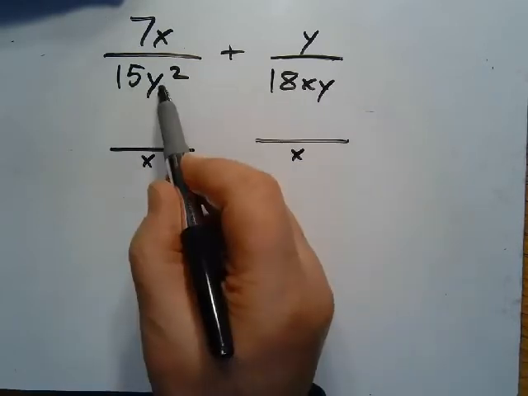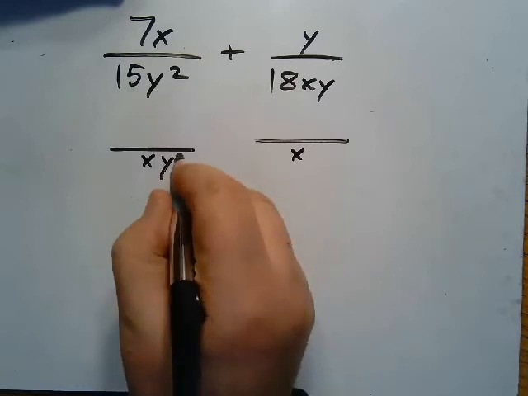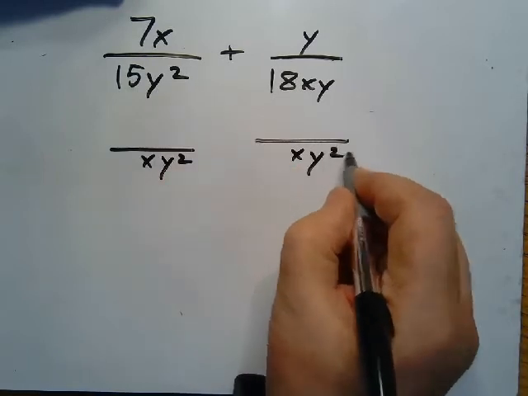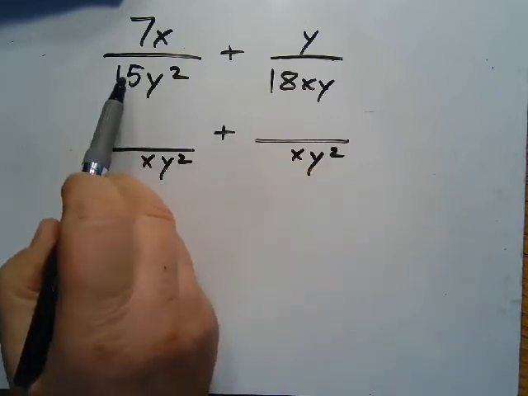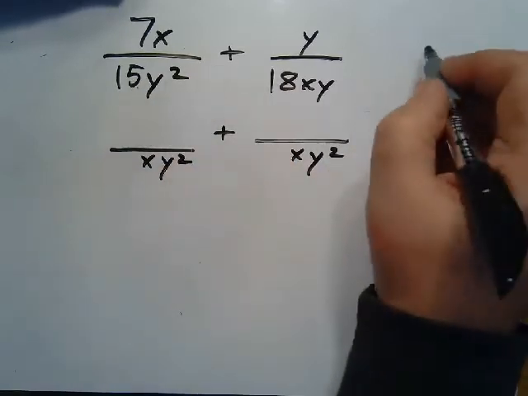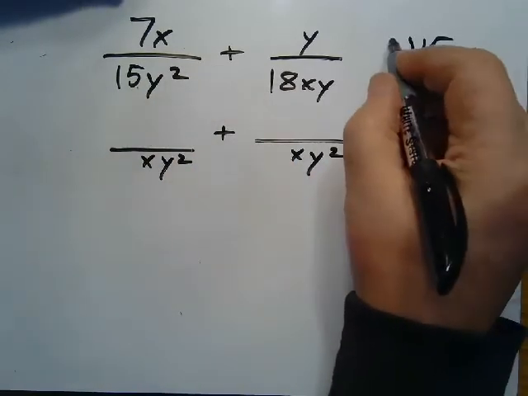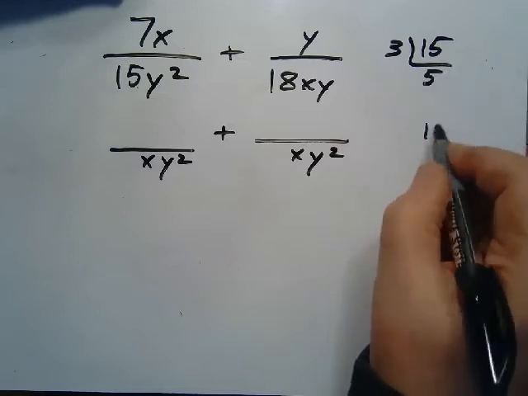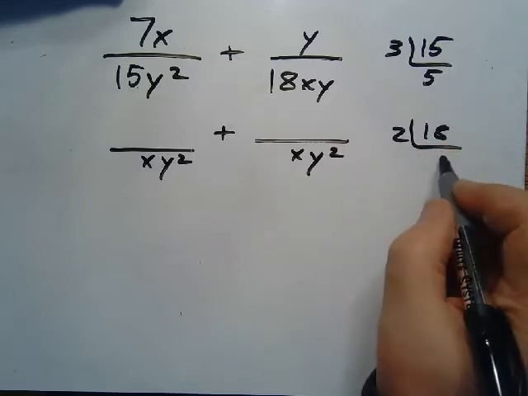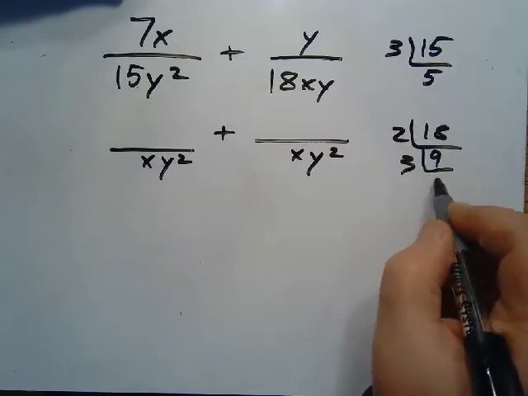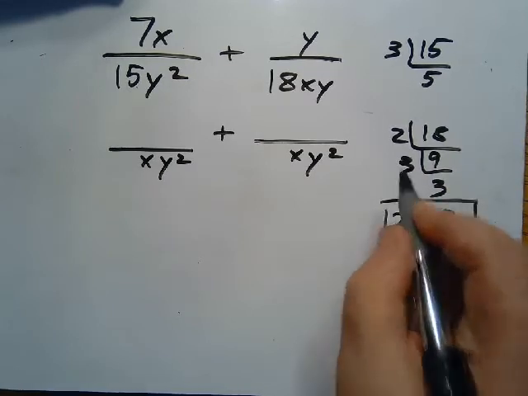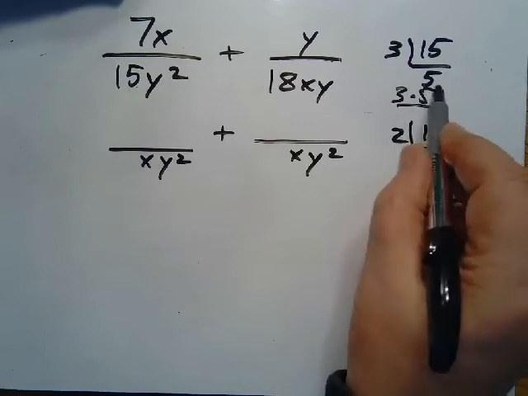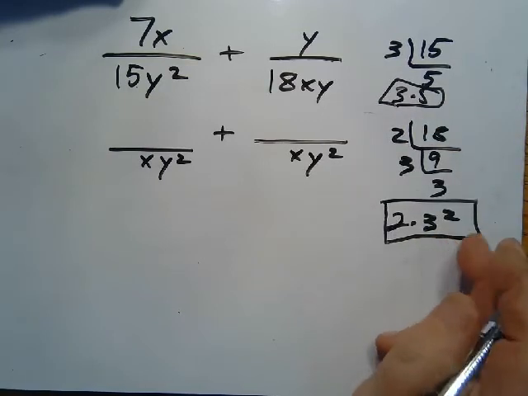It's got y squared is the highest degree. And now we still need to figure out what the highest degree of these two numbers would be. So I'm going to go over here and do prime factorization again. This is 3 times 5, and 18 is 2 times 3 times 3, 2 times 3 squared.